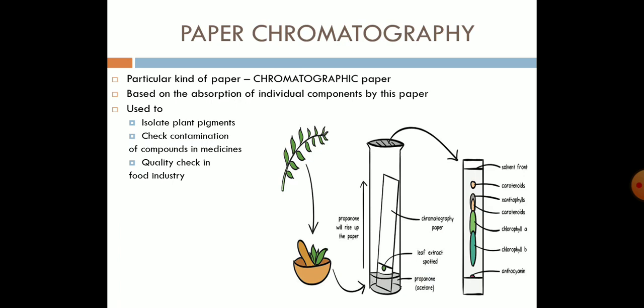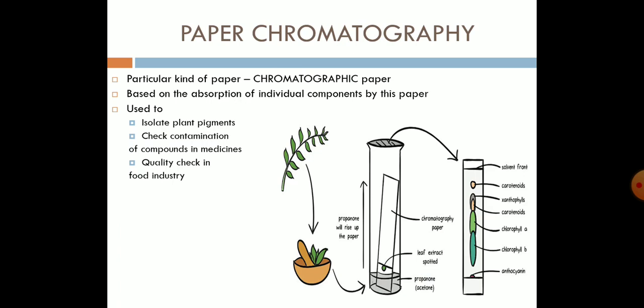They are used mainly to isolate plant pigments. You have the colors in plants, right? The leaves are green in color, the fruits are red, or flowers are red in color. These colors are there in the plant because certain pigments are there in the plant cells. So how are we going to separate the pigments?